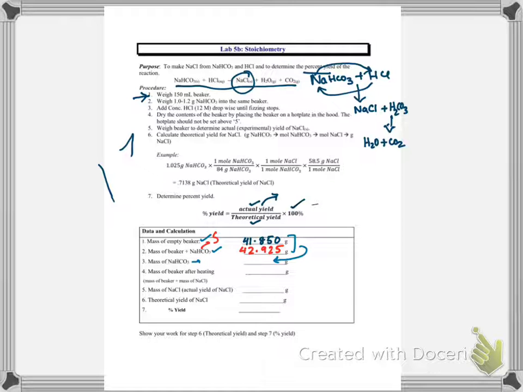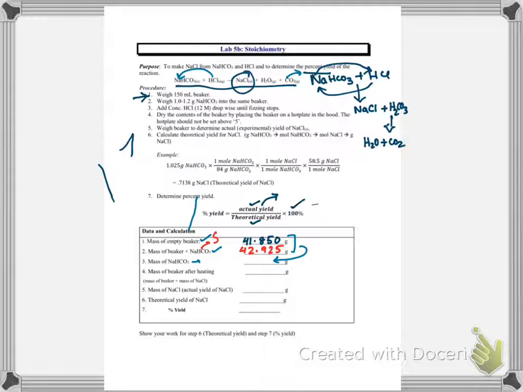Now what do you do after that? In the beaker, you add hydrochloric acid and you keep adding hydrochloric acid until fizzing stops. Now how is that fizzing happening? Because when you add hydrochloric acid, it produces carbon dioxide. So once carbon dioxide stops forming, that means the reaction is complete.